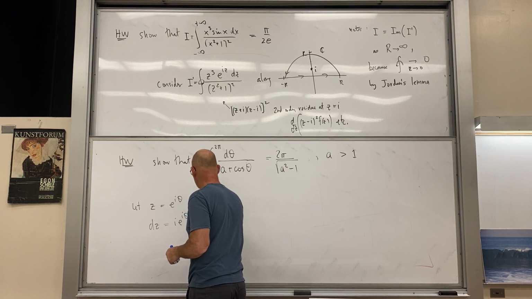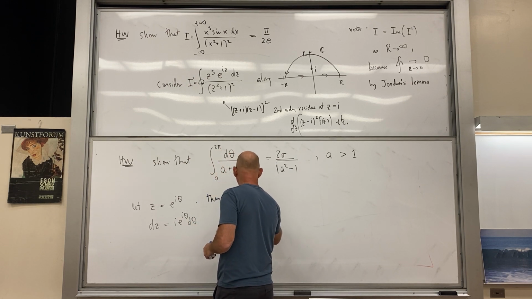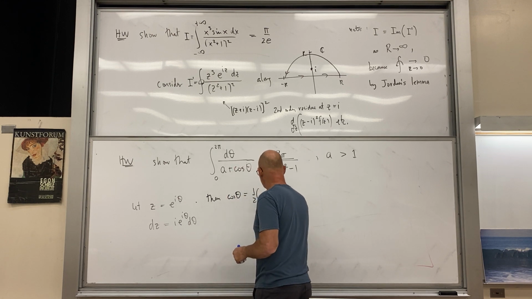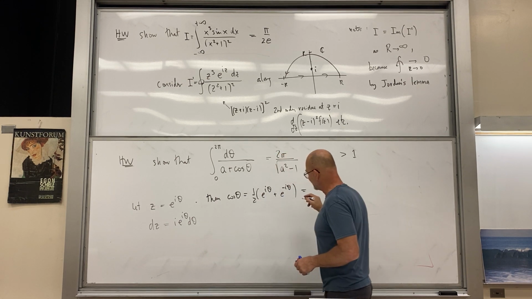So I'll just continue the thought here. Then cosine of theta, which is 1/2 e to the i theta plus e to the minus i theta. And we express that in terms of z.